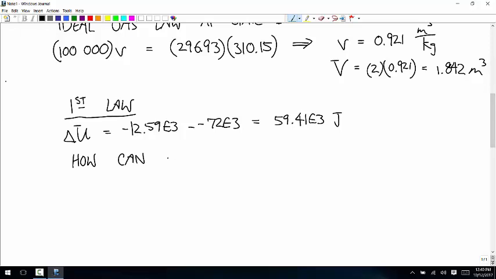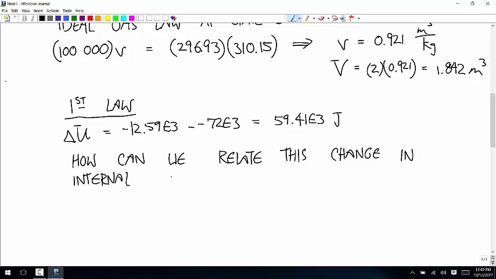So how can we relate this change in internal energy to the temperature? That's what we want.